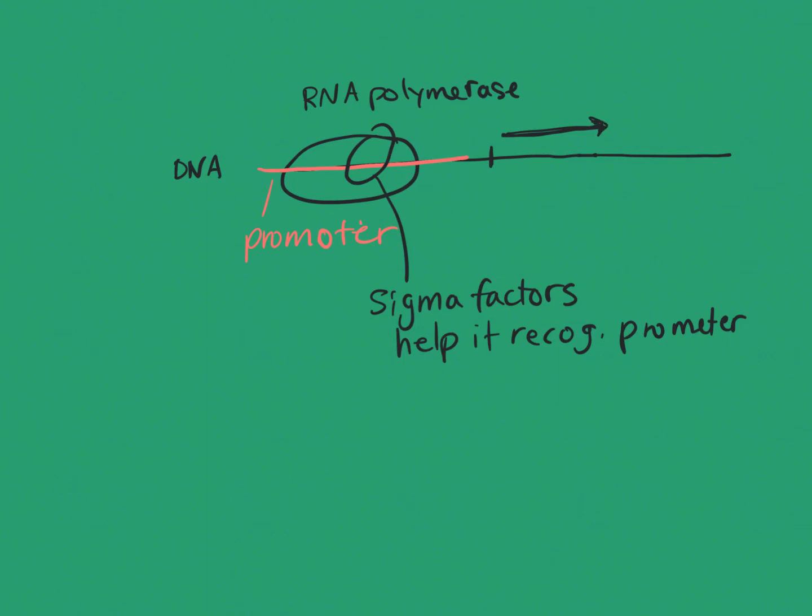The other regions that we said were important, remember there were a couple regions on the DNA, that -10 base pair region, and then I think it was -24 base pair region. Those had consensus sequences.